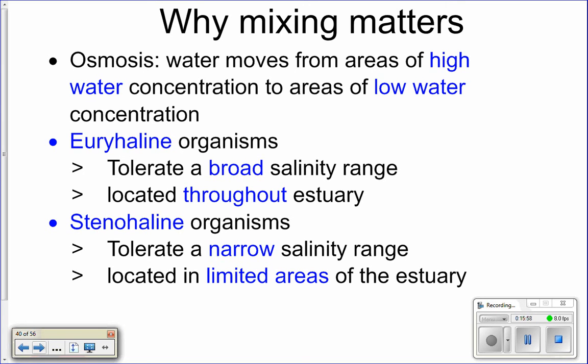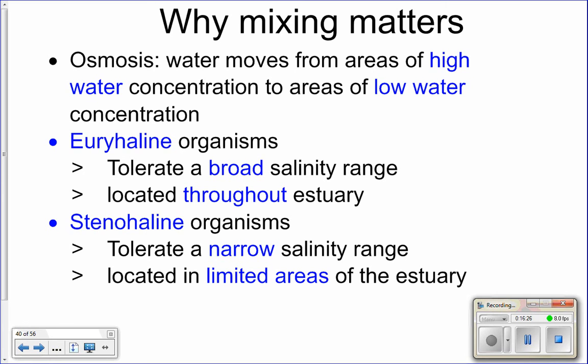Osmoregulators will maintain their salt and water balance no matter what salinity they're in. So they can either conform or they don't. Depending on whether the animal is an osmoregulator or an osmoconformer, they will be considered to be either a euryhaline animal or a stenohaline animal.